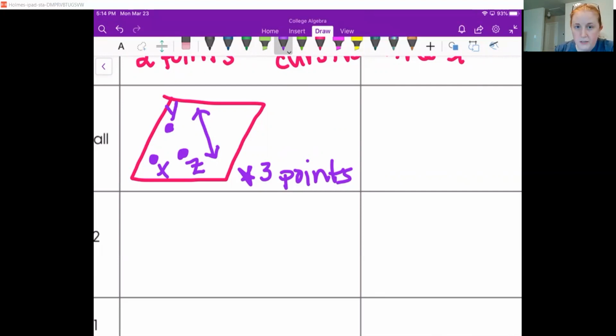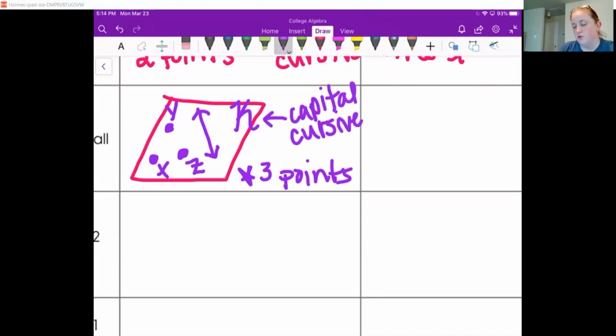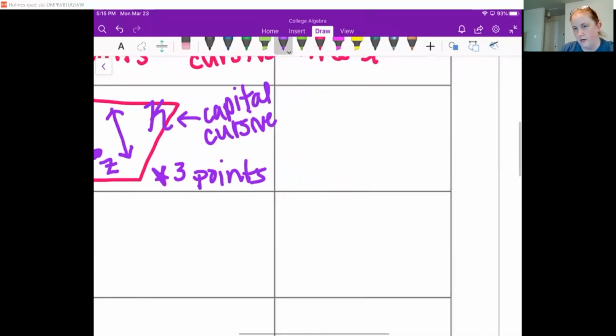Like lines, planes can have a cursive name as well. So I'm going to put a capital cursive K here. Capital cursive letters are used for planes, while lowercase cursive letters are used for lines.